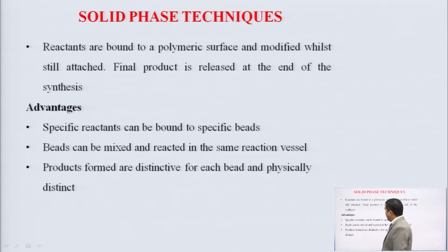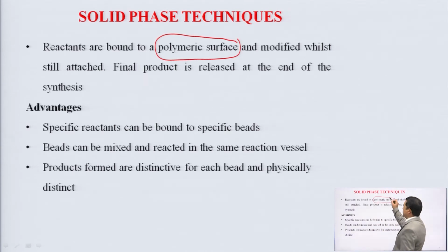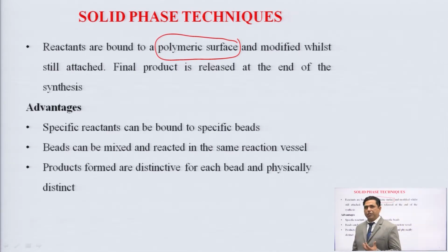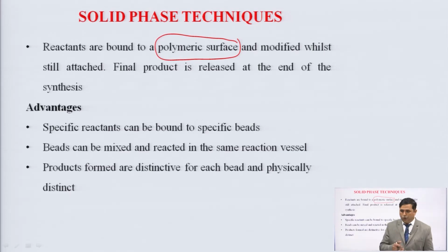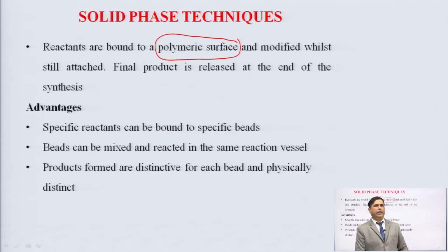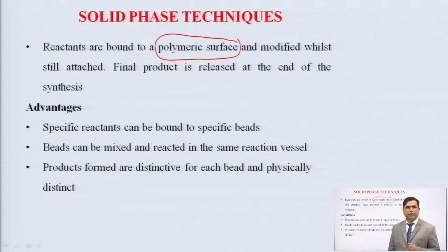So, in solid phase synthesis, our reactant binds with the polymeric surface under the reaction conditions. After the modification of the compounds, we have to remove the polymeric surface, and after that, at the final step, we will get the compounds. So, what is the advantage of solid phase synthesis?